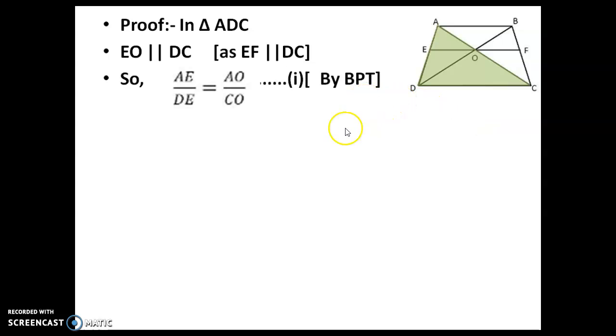By basic proportionality theorem, we can write AE by DE equal to AO by CO.